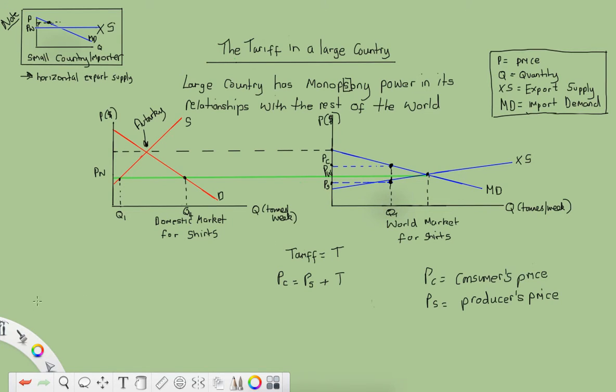then looking at the top half, if you can see this half, this little part here, this is the fraction of the tariff that is paid by the consumer in the import country in the form of increased price. So the price to the consumer goes up from PW to PC.